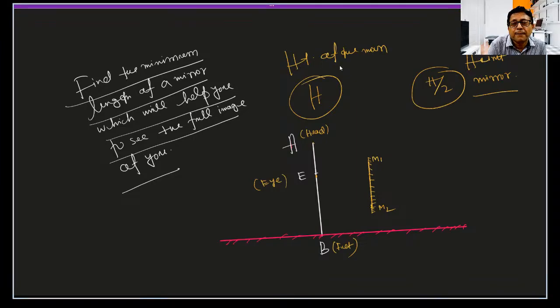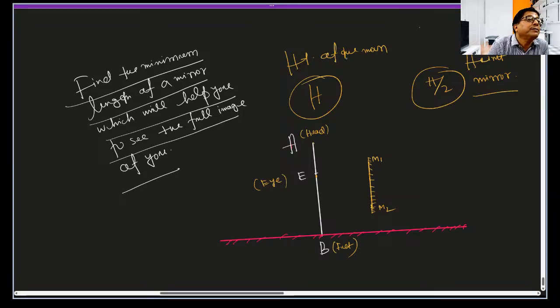How can I see the image of your head? Your whole body part has to be seen with the help of mirror. So every body part's image will come to my eye. So suppose it is going this way, incident here. The reflected ray must come to my eye. Am I correct? This ray coming from head, meeting at the extreme edge, and then it will reach my eye.